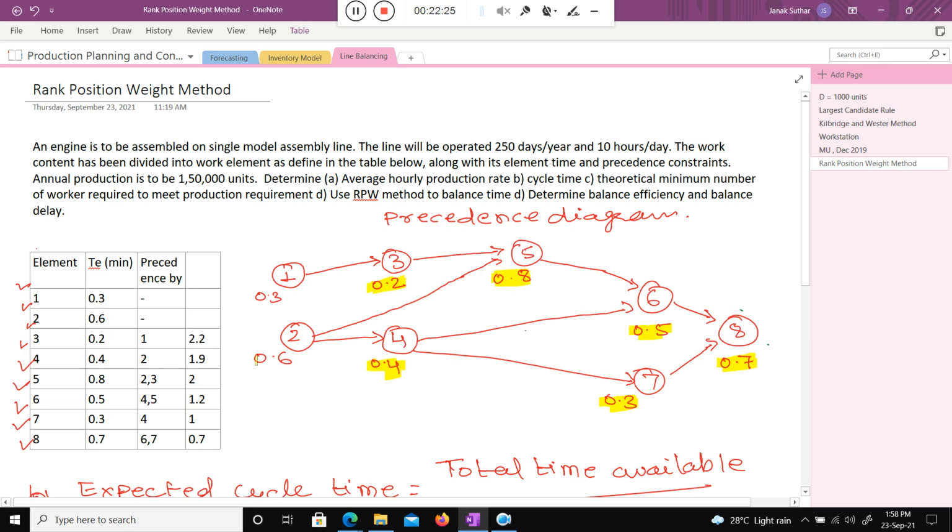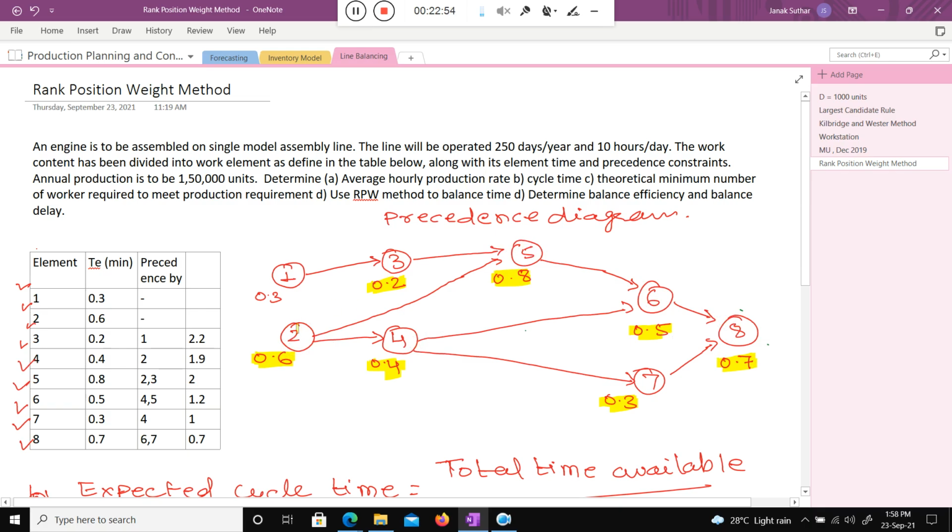And now for 2, what will be the weight that you need to consider? How to go from 2 to 8? There is one way, 2 to 5, 5 to 6, 6 to 8. So add 0.6, 0.8, 0.5, 0.7. But please wait, this is one path to go from 2 to 8; there is another path, 2, 4, 6, 8, and one more path, 2, 4, 7, 8.